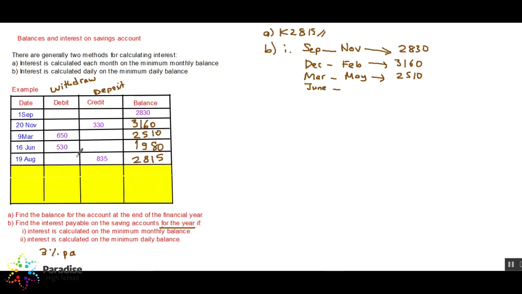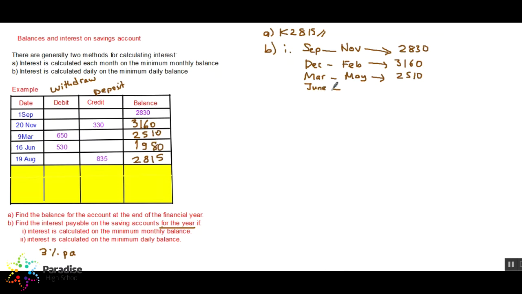In August, on the morning of 19th of August, that's 1,980, and in the afternoon 2,815. Which one are they going to choose for the month of August? On 18th of August, you have this much. On 19th of August, you have this much. So they will choose the smallest amount for the whole month, which is 1,980.